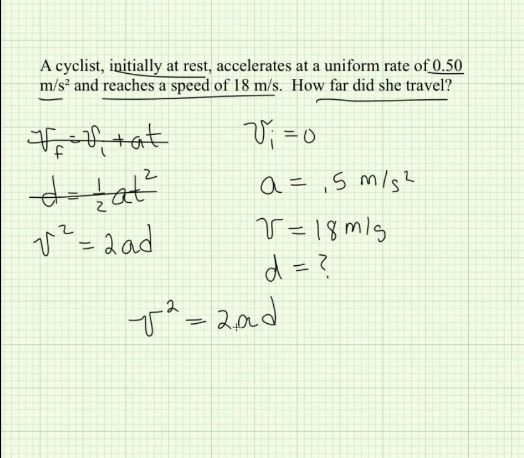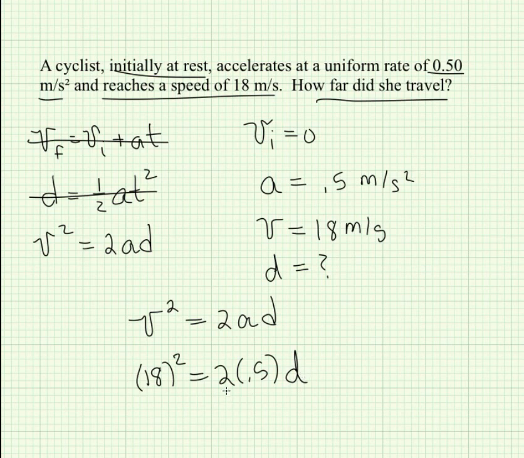All right, now we need to start plugging in numbers. What number am I going to substitute in where v goes? I'm going to throw in the number 18. What number do I put in where a goes? I'm going to put in 0.5. I don't have a number for d because that's what I'm looking for, so I'm going to leave it as d.